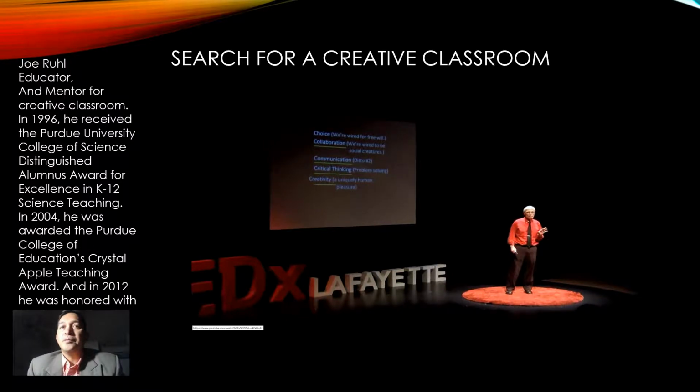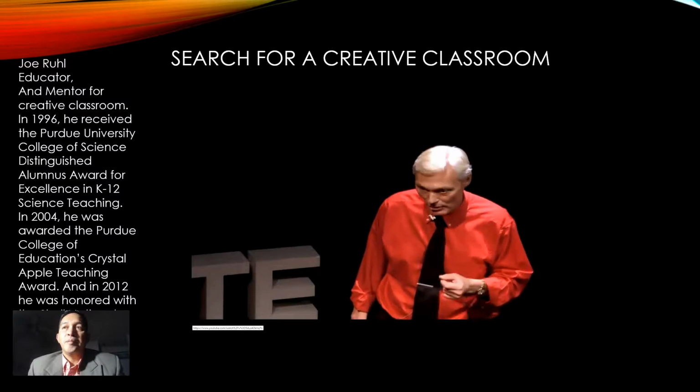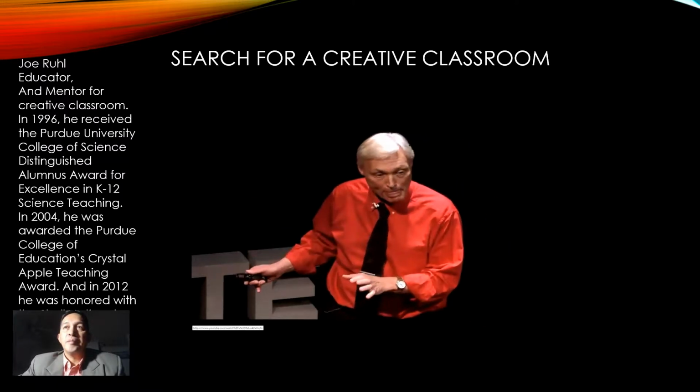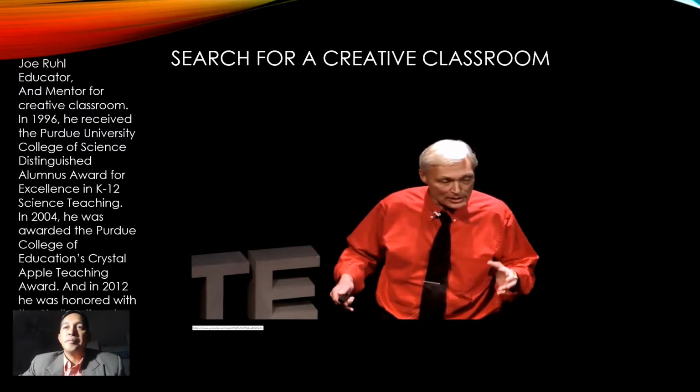I converted my classroom to a situation where student choice was a big part of the room, along with 4 other C's: collaboration, communication, critical thinking, and creativity. Actually, over 10 years ago, the National Education Association identified those last 4 C's on the list as essential 21st century skills that kids should learn, and I agree wholeheartedly. I've added choice to the top of the list, not as a skill for kids to learn, but rather as a characteristic of the classroom.